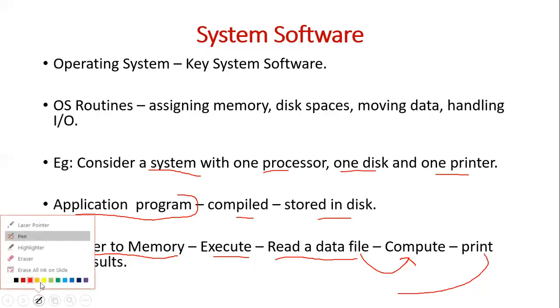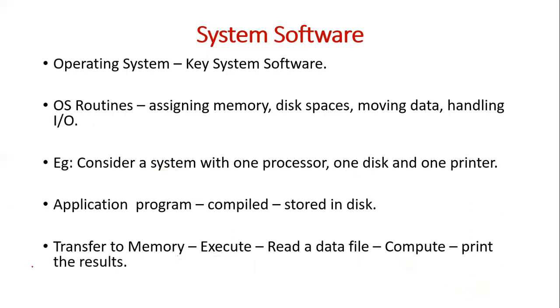I think it's clear. There is an application program already compiled to object code and stored in the disk. The user wants to execute it, so the object code is moved from the hard disk to the memory and starts executing. During execution, it reads a data file from the disk, performs some computation on that data, and the result should be printed on the printer.